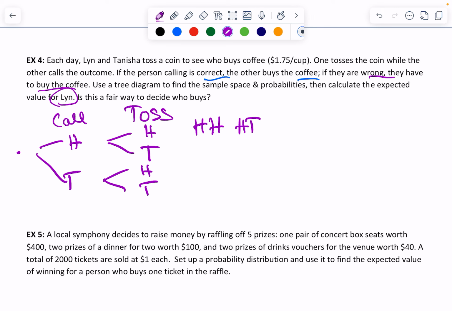If it's called tails, we can have tails and heads as a toss. So these are the two options. Now if we look at the correct, if the caller is correct, that means it's 2 out of 4, which is a half, 0.5.